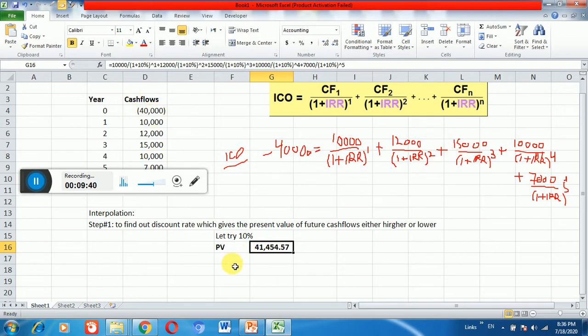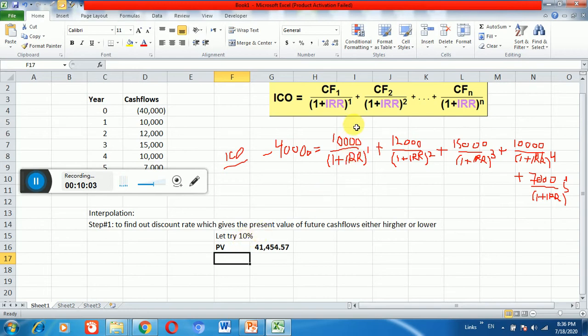Okay, now the lower value you tried is giving you the higher value of present value, comparatively. Now try another discount rate which gives you a present value lower than $40,000. So obviously, dear students, you have to increase this 10%. Why?